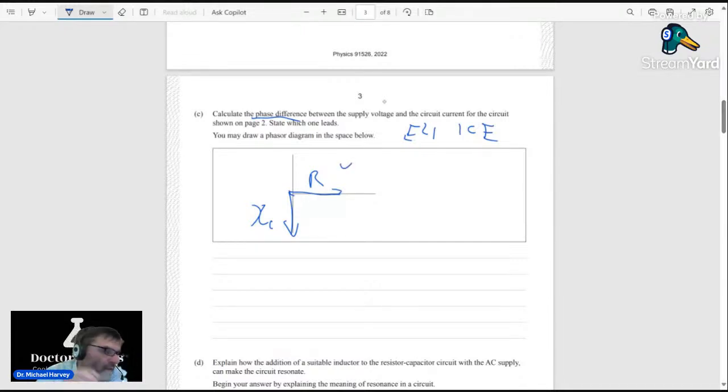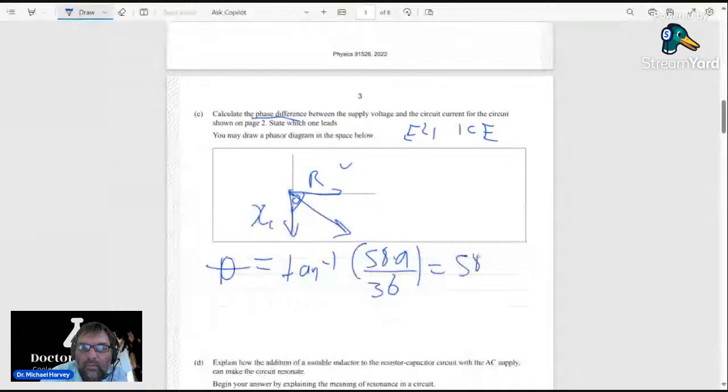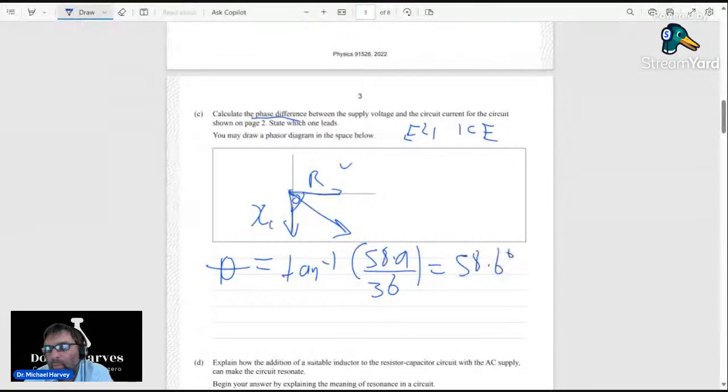Therefore theta, that's what we want to find, will be equal to the inverse tan of 58.9 over 36, which equals 58.6 degrees. So the current leads the supply voltage by 58.6 degrees.